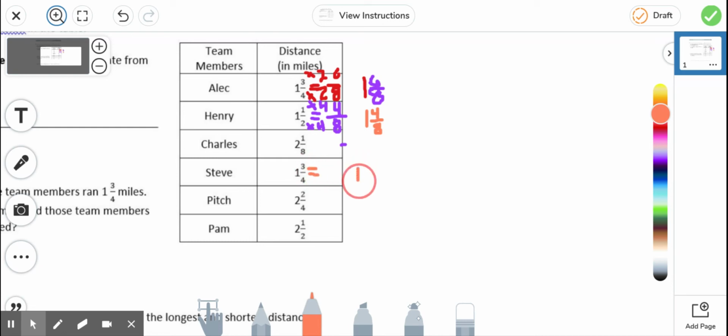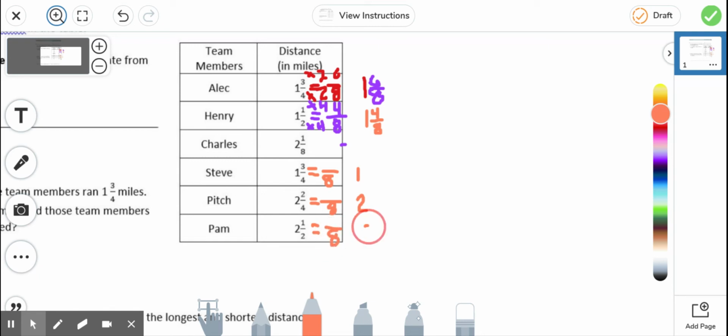You're going to keep the one whole. You're going to find a new fraction here. It gives you a denominator of 8. Same thing here. You're going to find a rule. We'll change this fraction to a denominator of 8. You're going to keep the whole, which is 2. And then the last one down here, you're going to change it so that it has a denominator of 8.